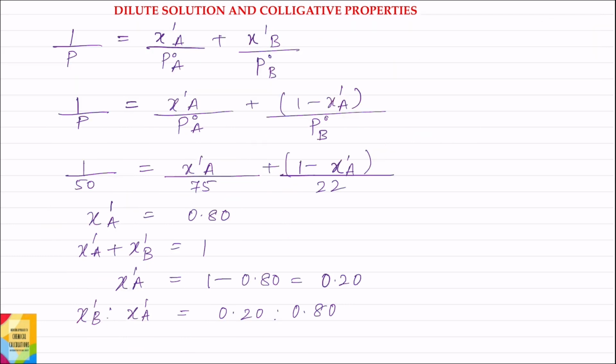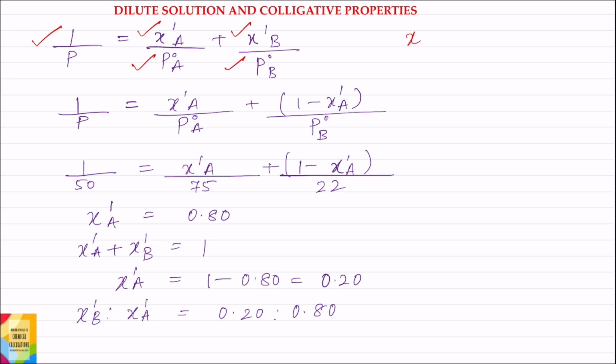Now to find the composition of benzene and toluene present in the vapor state, the formula applied will be 1 by P, where P denotes the vapor pressure of solution, is equal to X dash A, the mole fraction of toluene in the vapor state, divided by P naught A, the vapor pressure of pure toluene, plus X dash B, the mole fraction of benzene in the vapor state, divided by P naught B, the vapor pressure of pure benzene.